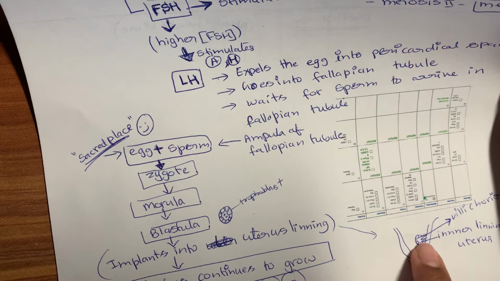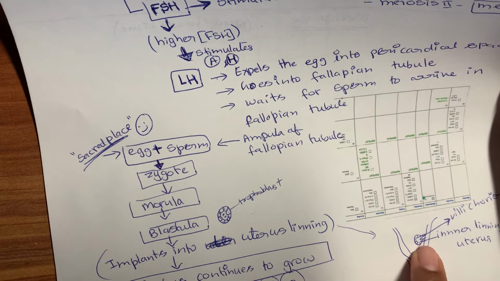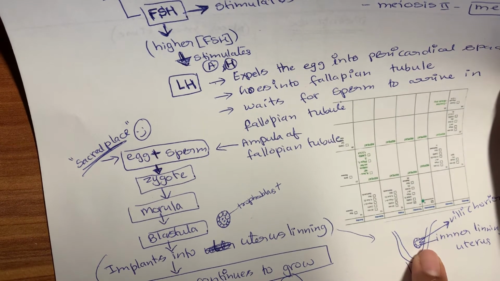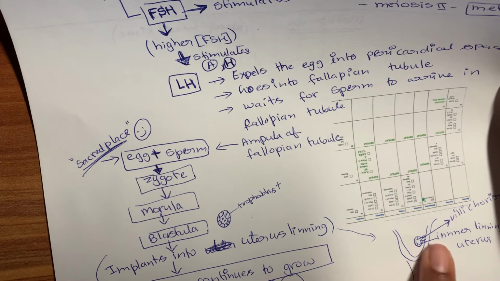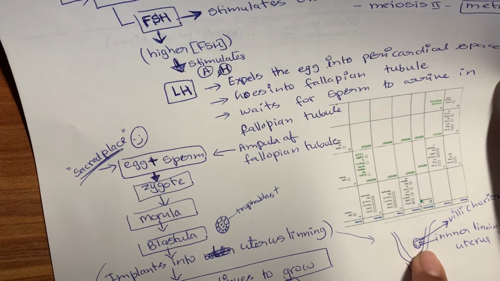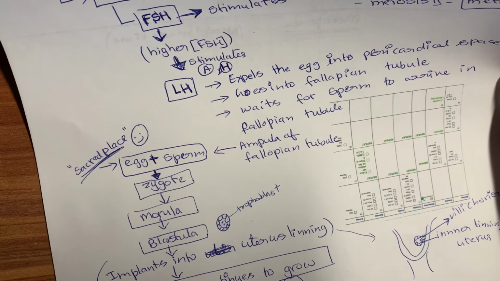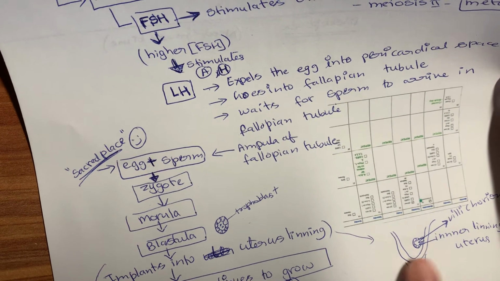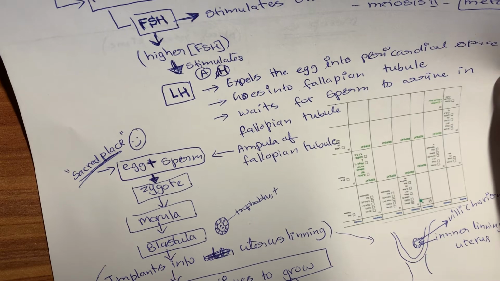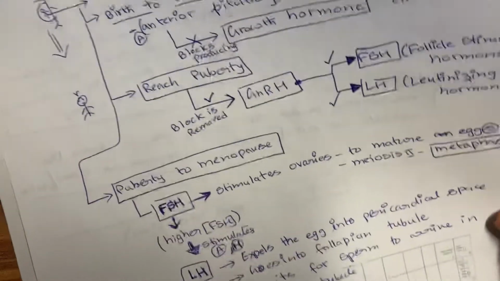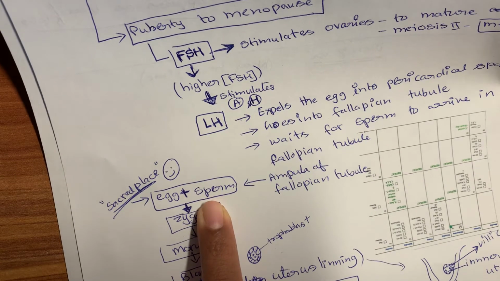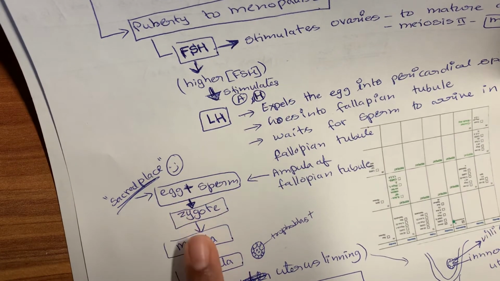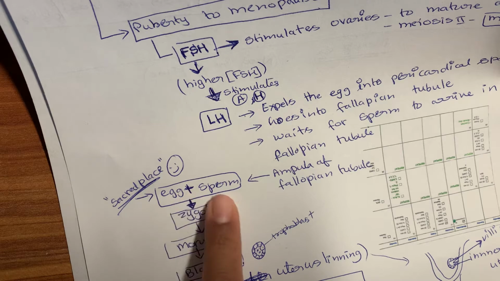The villi penetrate into the uterus lining, and it gets in touch with the uterus and is stuck there, and then the baby starts to grow from there. It could be a male or female, but it still develops inside the uterus here. This is the case when a sperm is available for the egg to form a zygote, and this is the fertilization process.